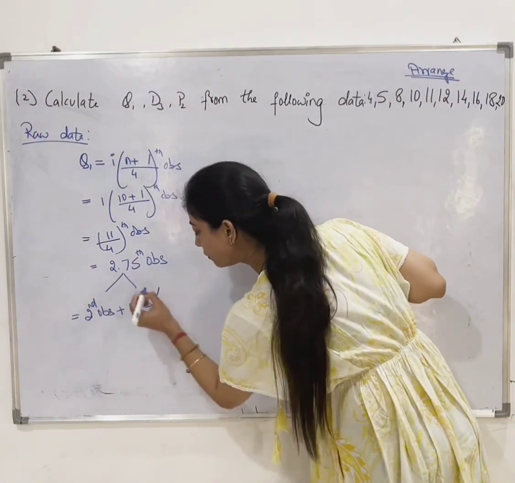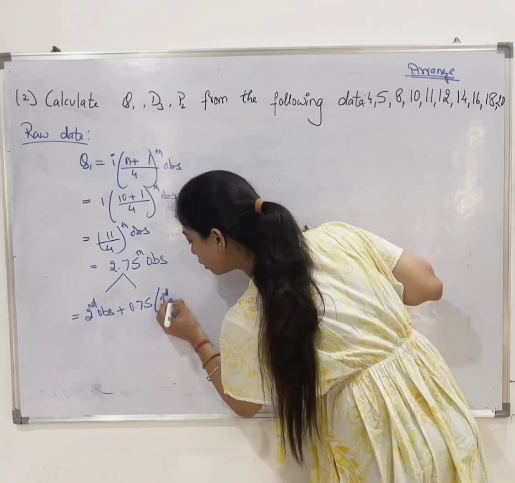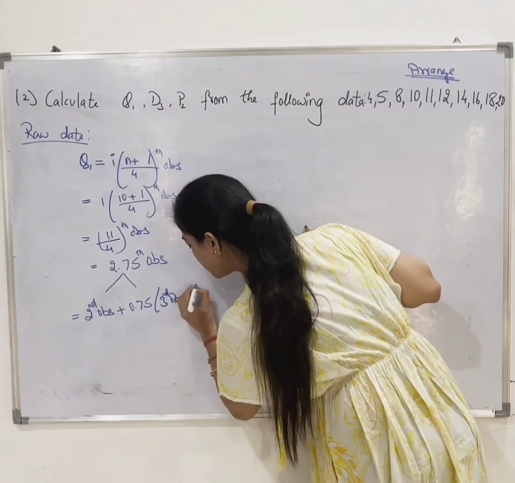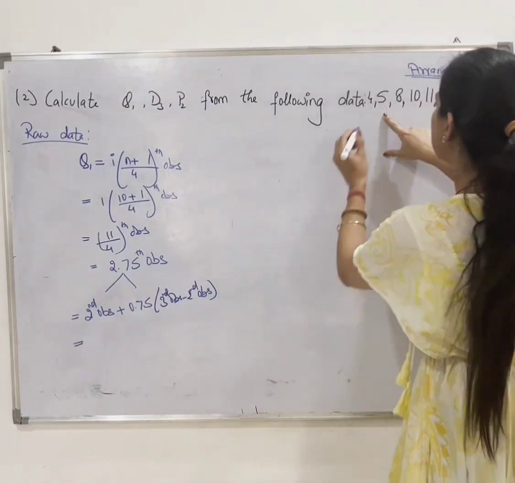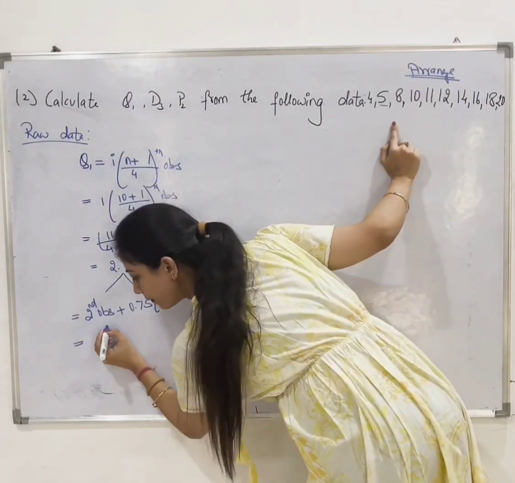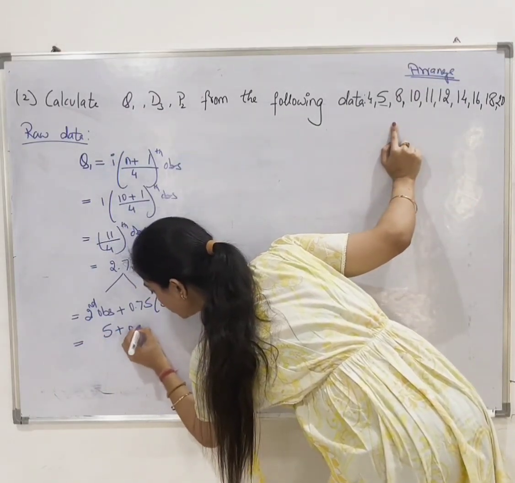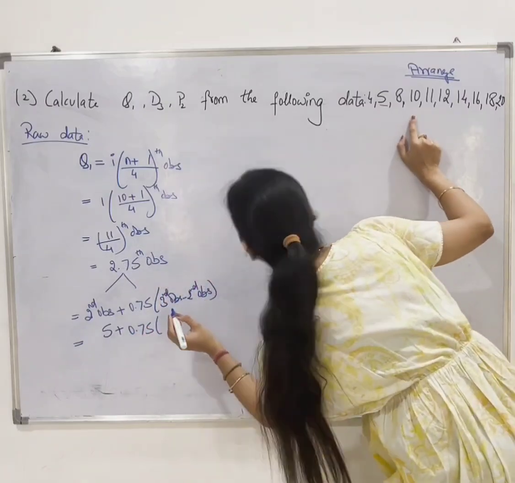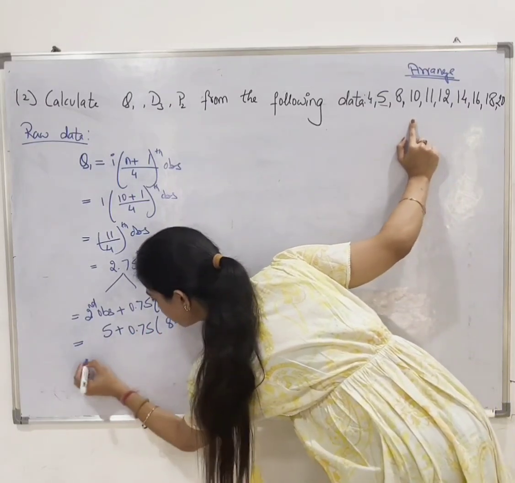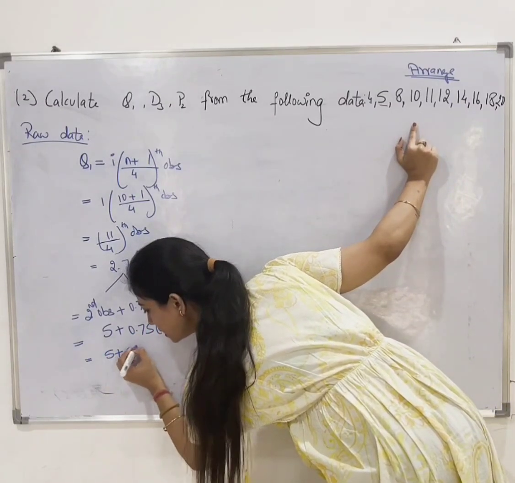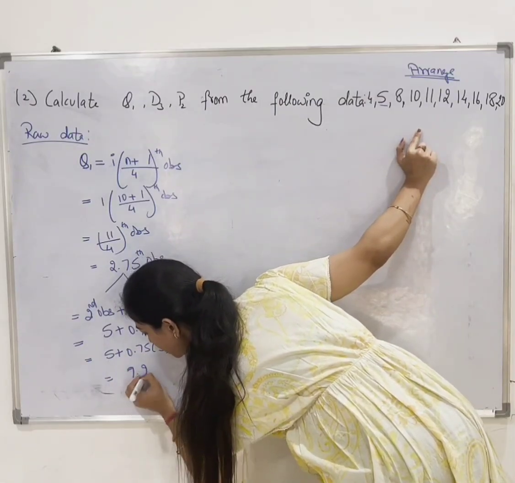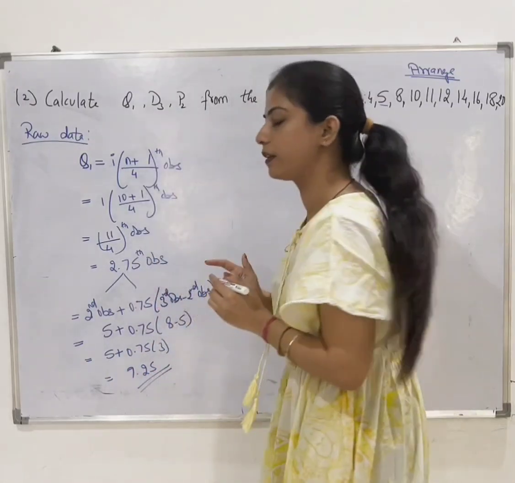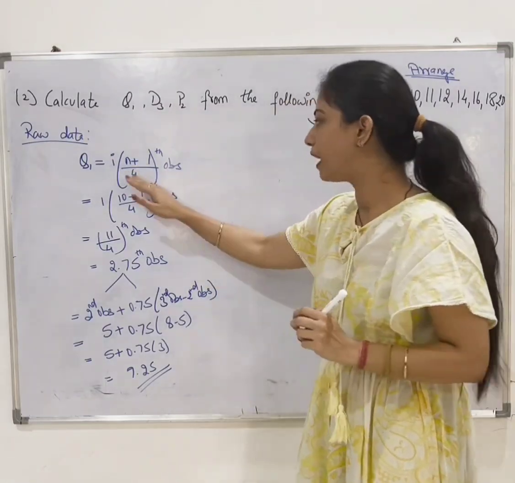And in bracket, after second we get third. So third observation minus second observation. The second observation in the data is 5. So 5 plus 0.75 into (8 minus 5), since the third observation is 8. So 5 plus 0.75 into 3, the answer is 7.25. So this is how we get the value of Q1.